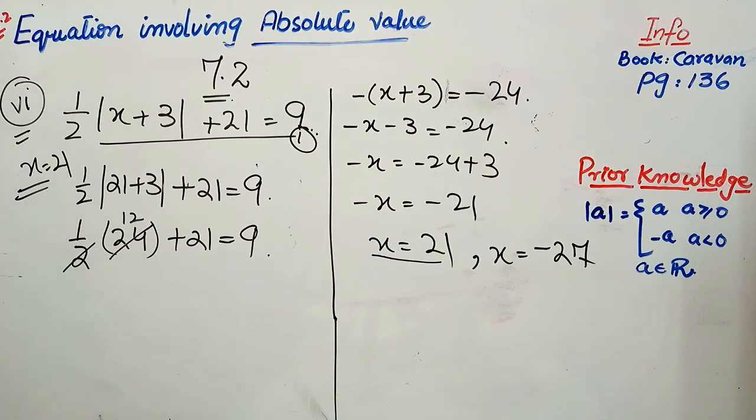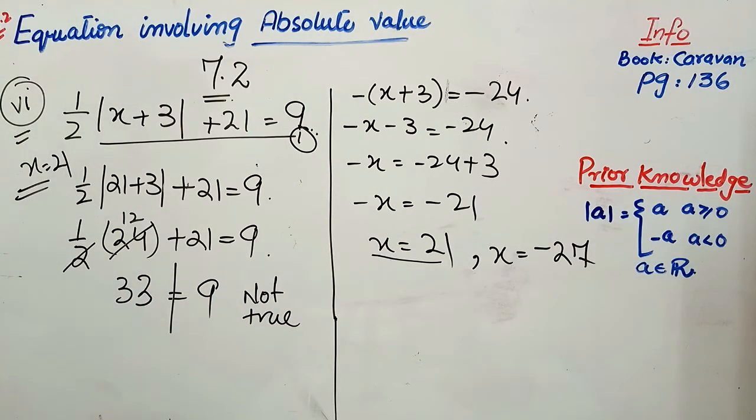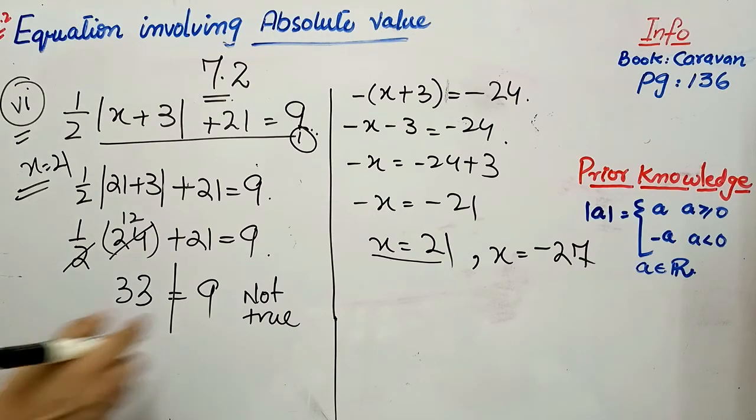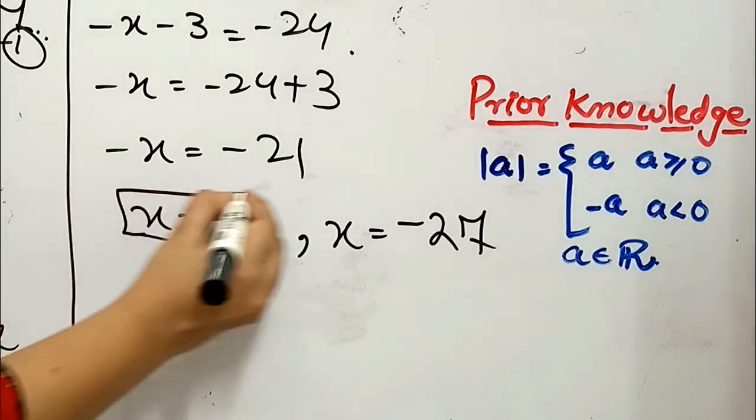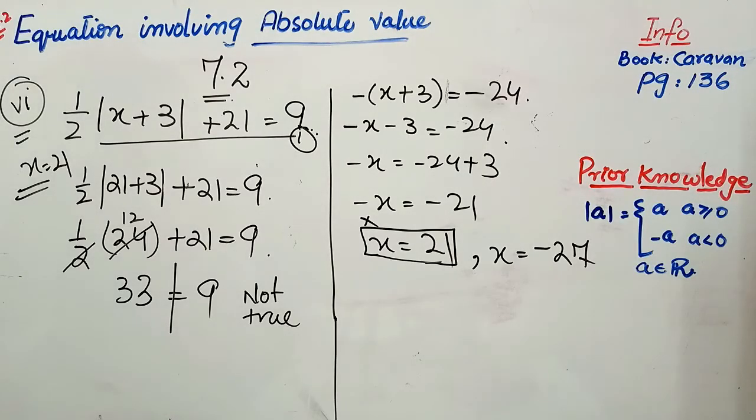So 12 plus 21 is 33, which is not equal. So this x is equal to 21 is not a solution for this equation. This is an extraneous root.